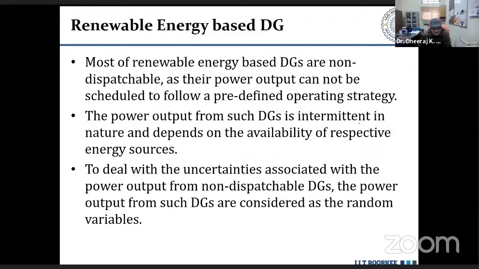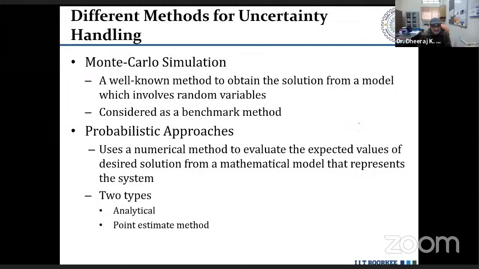For considering uncertainties, we have different methods like Monte Carlo simulation. It is a well-known method to obtain a solution from a mathematical model which involves random variables, and the Monte Carlo simulation method is considered as a benchmark method.